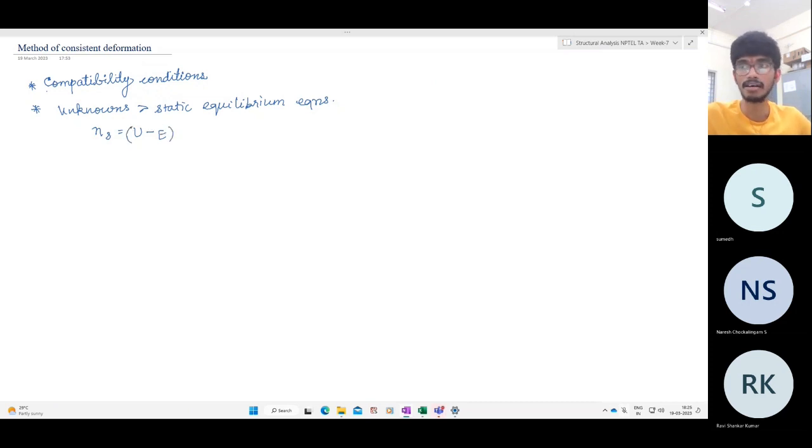And then we come up with additional ns number of compatibility equations. So we lack ns equations if we use equilibrium equations alone. So we need to use ns additional equations to solve the problem.